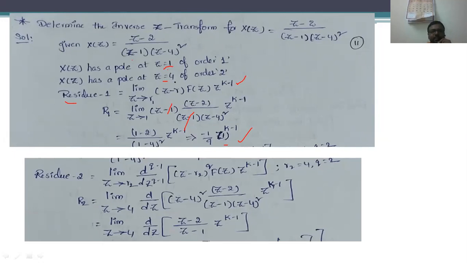Here, the second pole is at z equal to 4, and the order of this pole is 2. That means a repeated pole exists here.